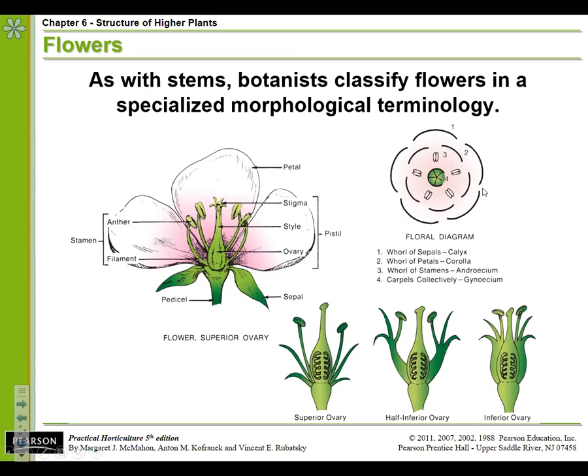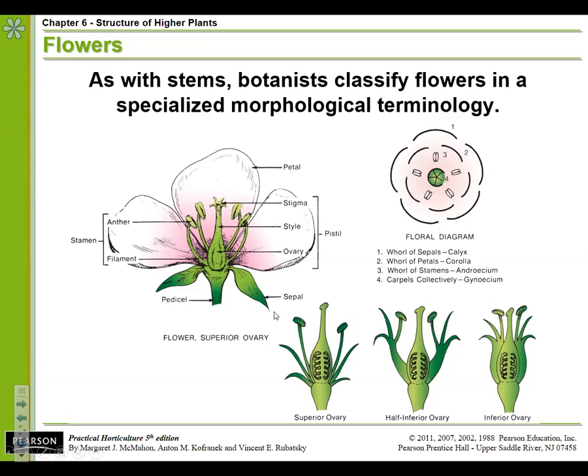And over here on the right, we have this floral diagram that's kind of looking at the different bundles, the rings in the flower. So one being the calyx, and that is all of the sepals together. So the collective sepals, and the sepal is usually what we find as kind of the green part right below the flower.